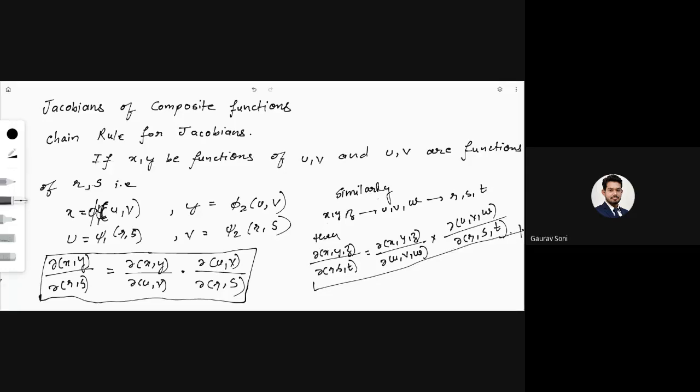Chain rule for three variables. The number of variables can increase. There is no condition on the number of variables. As I've got it for 2 and 3, I can get it for 4, 5, 6, whatever number I want. Fine.